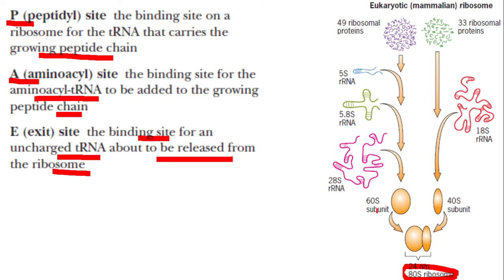Instead of 60S and 40S, in prokaryotes we will have 50S and 30S. And remember, ribosomal subunits are formed from proteins and ribosomal RNA. These are the ribosomal RNAs for eukaryotes. These are the proteins for eukaryotes. These proteins and ribosomal RNAs join together to form a subunit. Two such subunits join together to form the final ribosome.